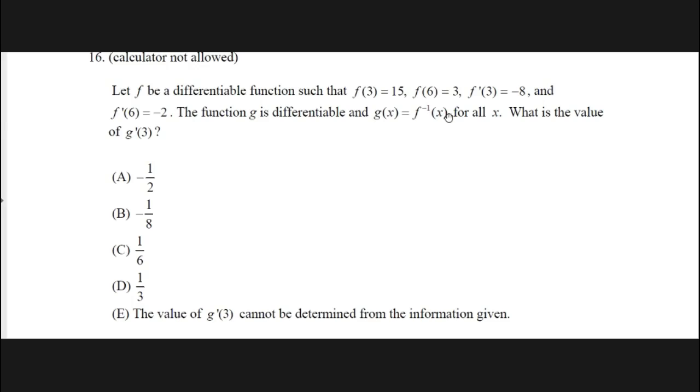So g of 3 is f inverse of 3, which means it's 6, because when f is 6, it's 3. So it would be 1 over f prime of 6, which is 1 over negative 2.